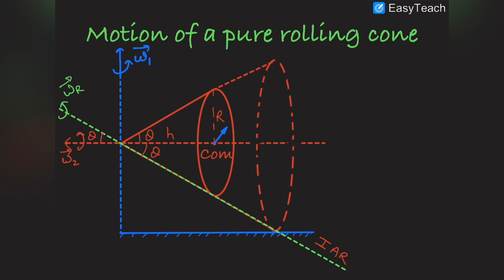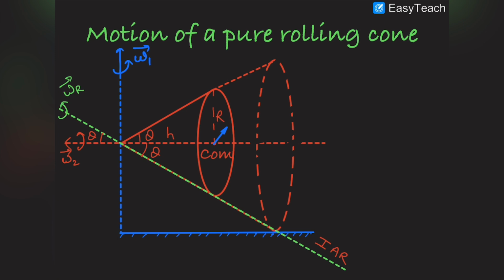Now you can see that due to the pure rolling, you will be observing this center of mass moving with some velocity vcom, and when it is moving, you could see that this point and this point would be at rest, and if you join these points with a line, then it would be the instantaneous axis of rotation.